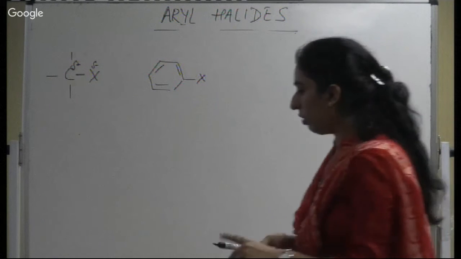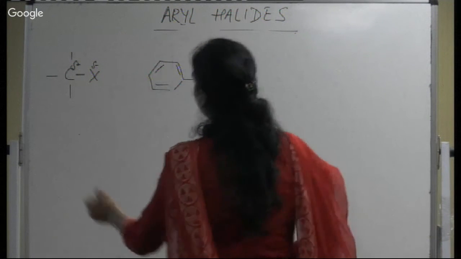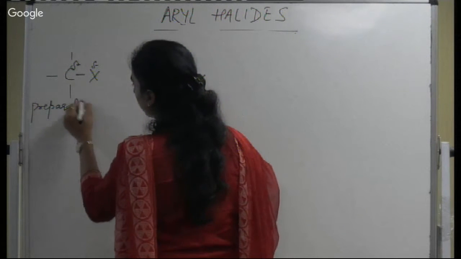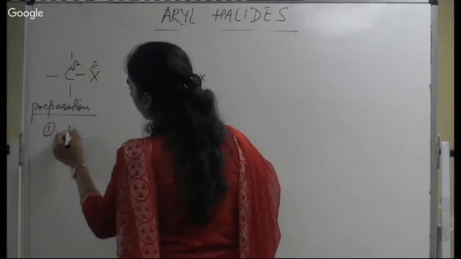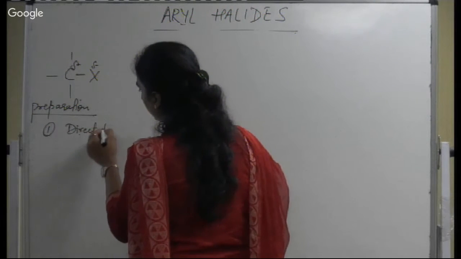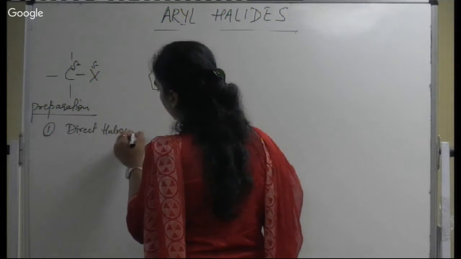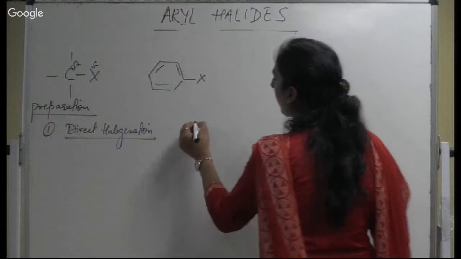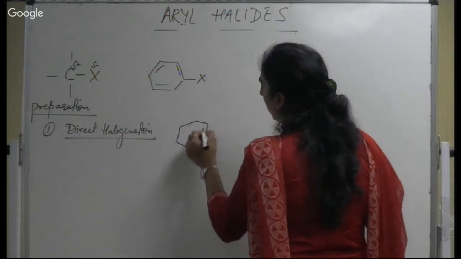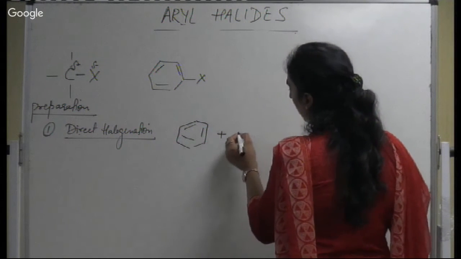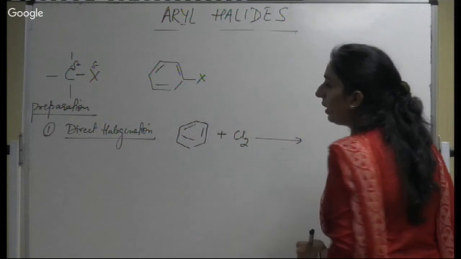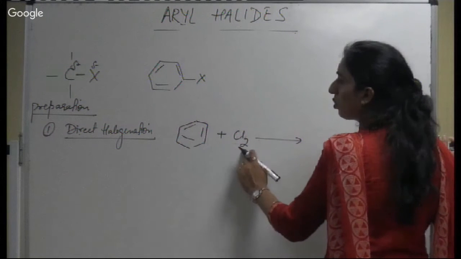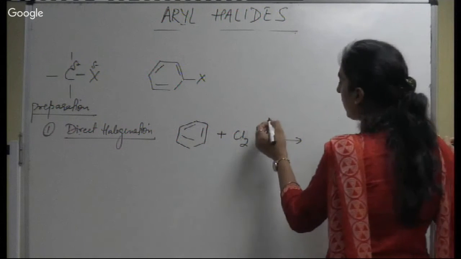The first preparation of aryl halide is through direct halogenation. To the benzene, just add chlorine in the presence of any Lewis acid, but it should be a salt of this halogen only.